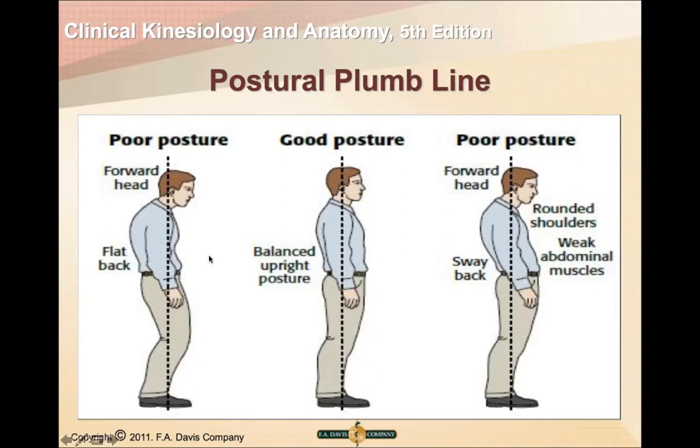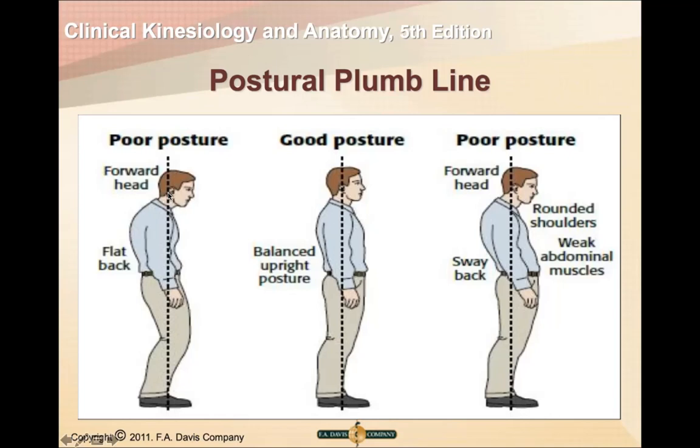Okay, now let's take this example of poor posture on the left hand side of your screen. This is somebody we might see in clinic that doesn't extend their knees. If you were documenting this, you would say patient stands with plumb line behind.